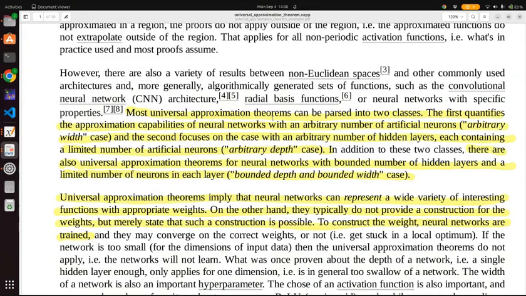Or you can have theorems that quantify, in some sense, the depth of the neural network. Maybe they state that for any function of a certain kind, there exists a neural network with 100 neurons per layer and a certain number of layers. Okay?